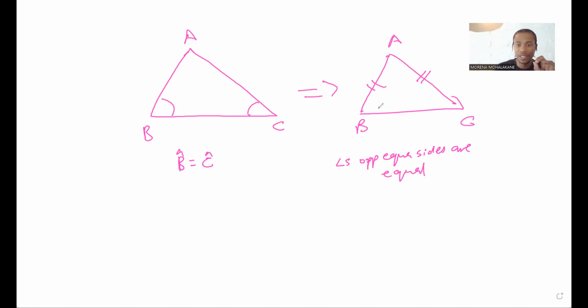The angles that are opposite equal sides are equal. That is the reason BA is equal to CA.